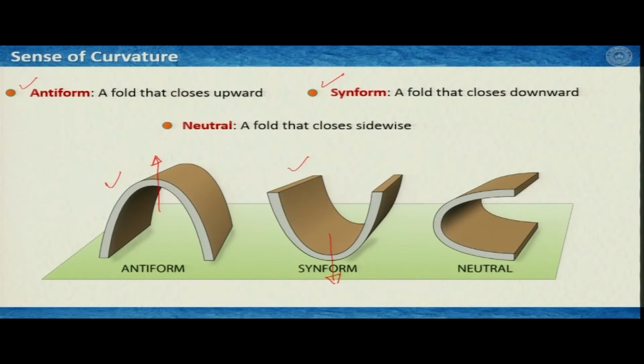But there could be a series of possibilities where the fold is not closing upward or downward, but sidewise. In that case, we call it a neutral fold, where the closure is not upward, not downward, but sidewise. We can also consider a fold something like that.